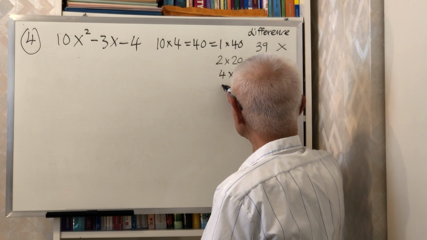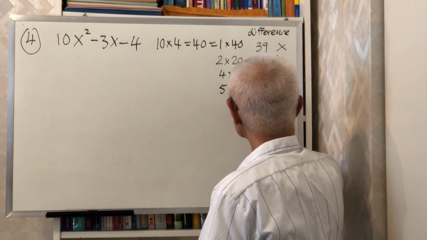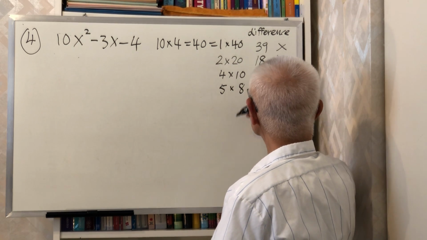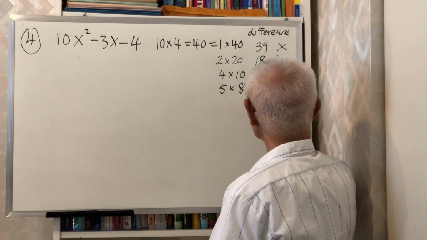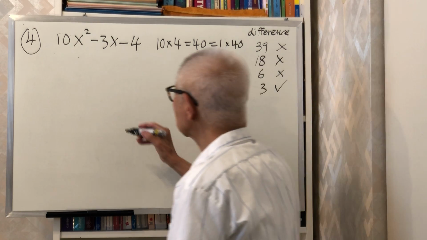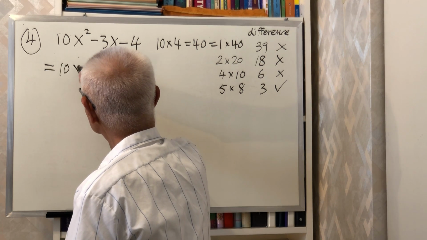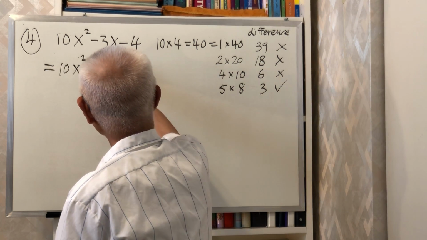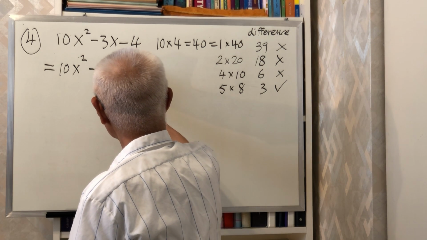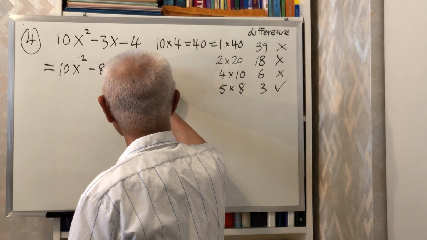40 can also be written as 5 times 8. The difference between 5 and 8 is 3. So these are my 2 numbers, 5 and 8. I want negative 3x, so I write minus 8x and plus 5x.